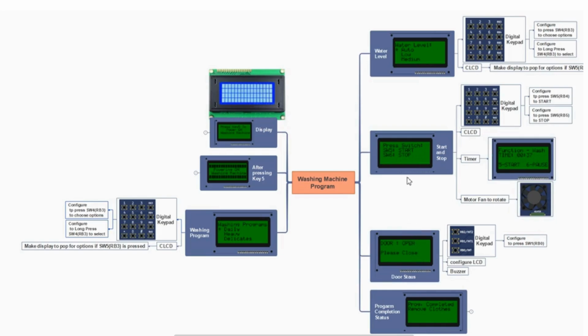So the microcontroller will instruct the user that the door is open, please close it. It will also indicate with the buzzer. If the user closes the door, the program will continue, and the washing machine will start rotating and stop at the end of the time.